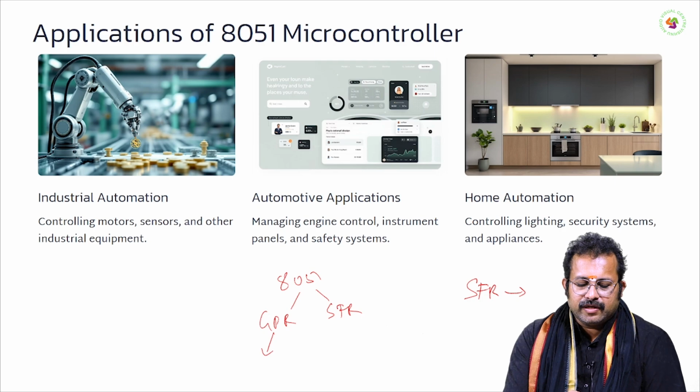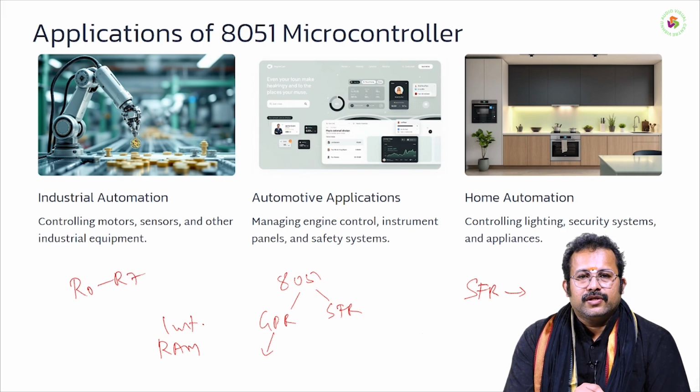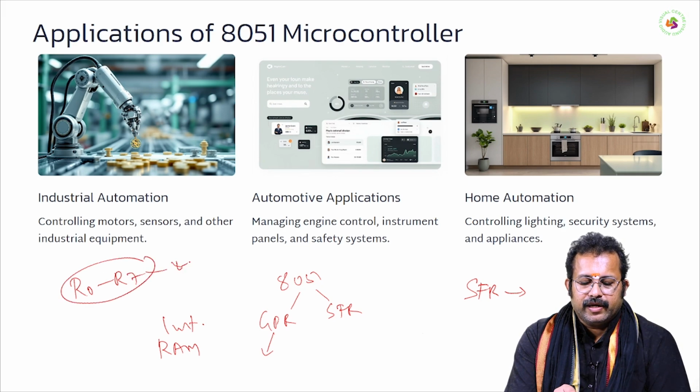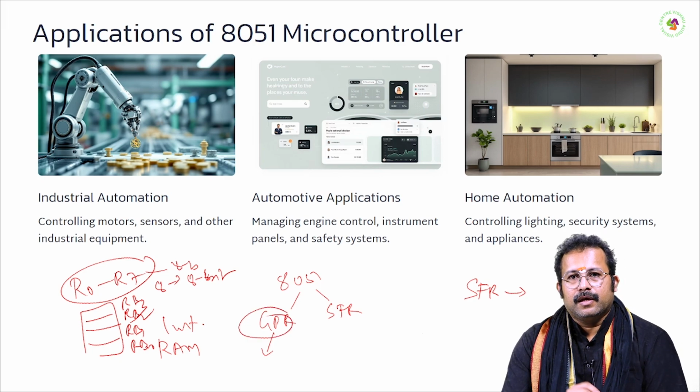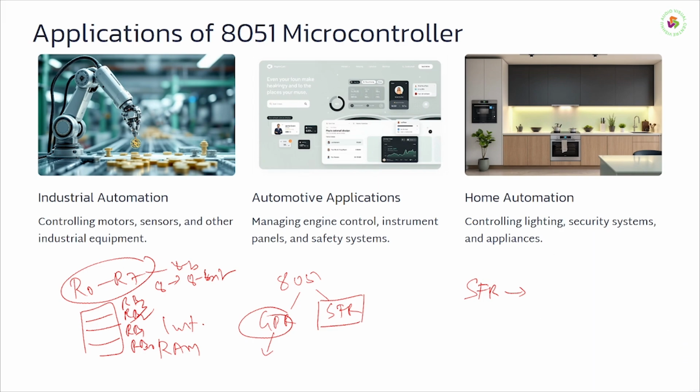The general purpose registers are present in the internal RAM itself in the form of R0 to R7, 8-bit registers spread across 4 register banks, RB0, RB1, RB2 and RB3. Apart from these general purpose registers, there are special function registers, which are 21 in number.